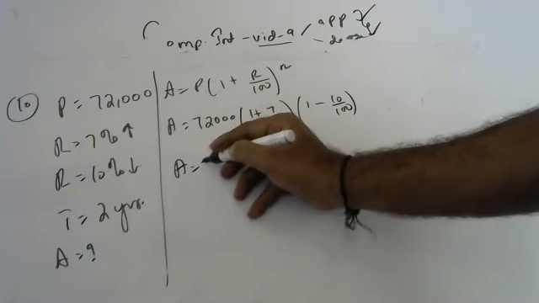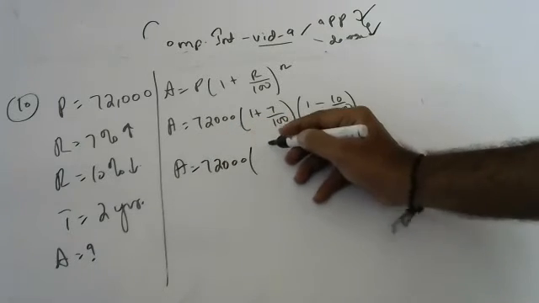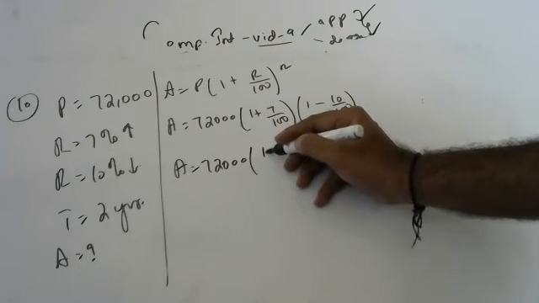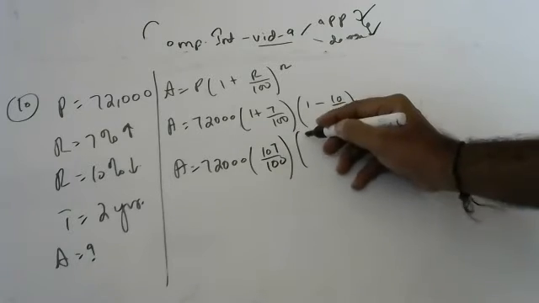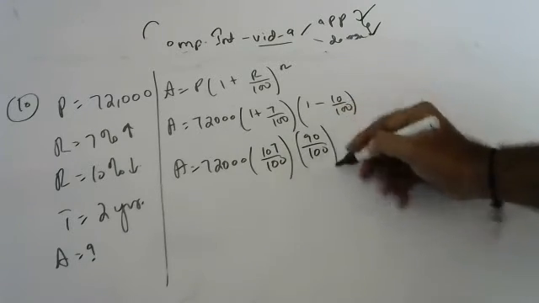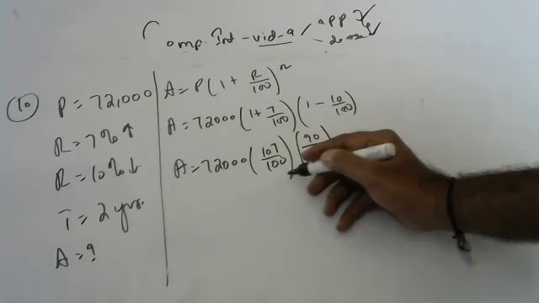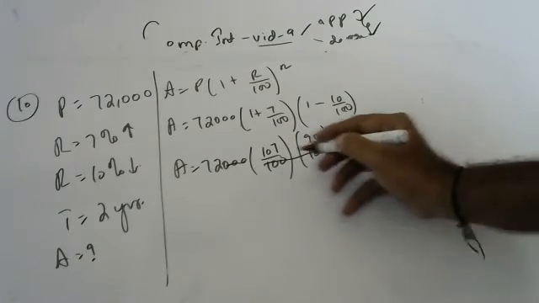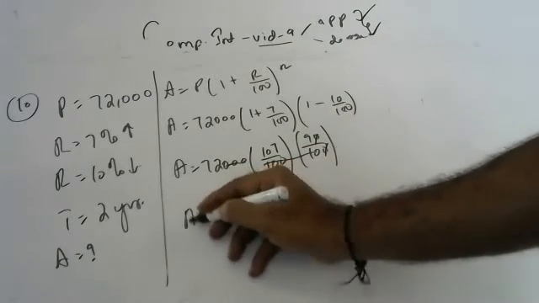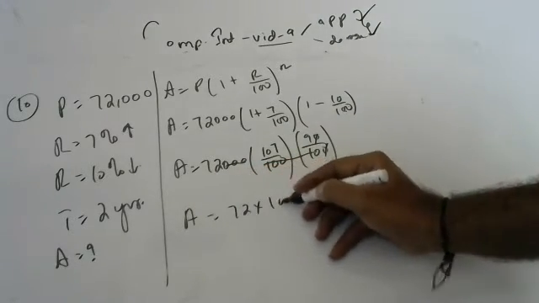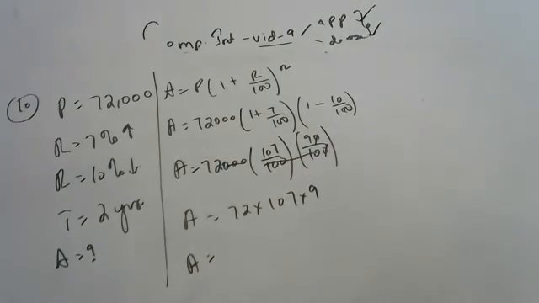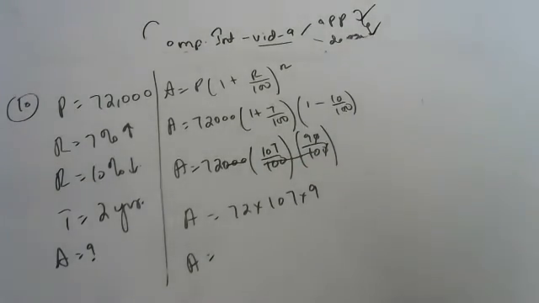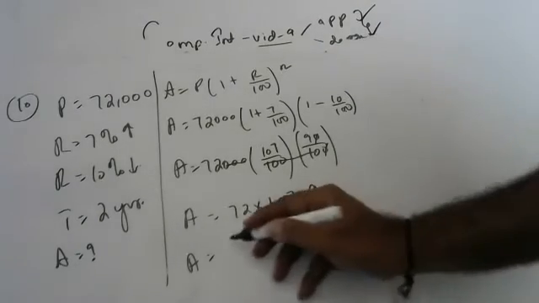So amount is equal to 72,000 into 107 by 100 into 90 by 100. Three zeros have gone and 10 by 10. So 72 into 107 into 9. The population of the town, due to the epidemic, becomes 69,336.